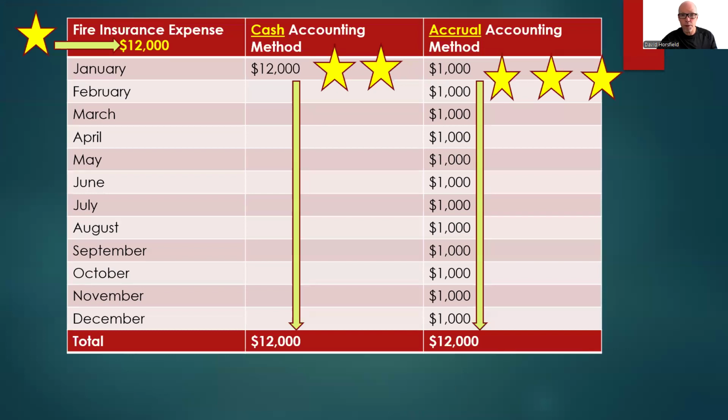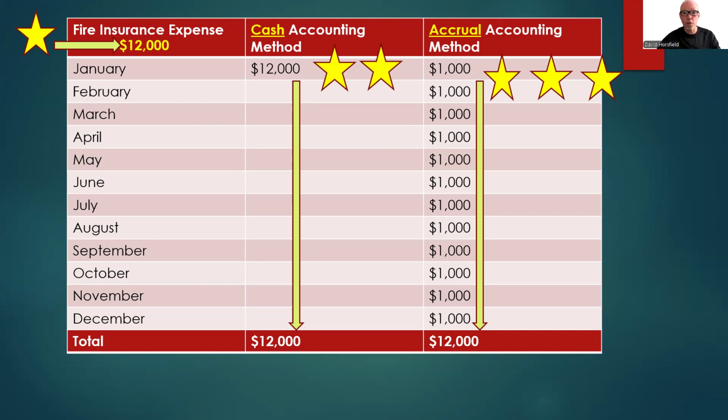In the previous video, it gave this example here. So just a quick recap. The situation is we've got fire insurance expense, top left-hand corner, that costs us $12,000. In the middle column, under the cash accounting method, the $12,000 is paid in one lump sum in January, and fast forward all the way to the end of the year, the total paid for that year is $12,000. It just happened to be paid in one go all the way back in January.